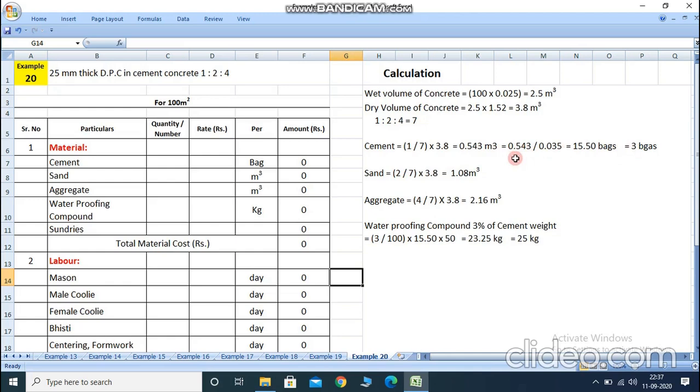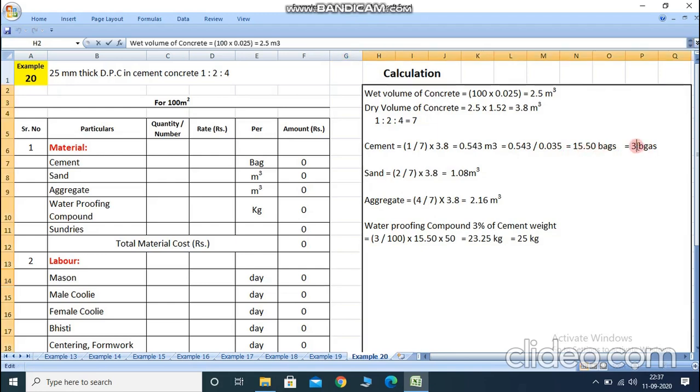Clear? So here we calculate the total number of bags: 0.543 divided by 1 bag volume 0.035. So the total answer we got is 15.50 bags, which rounds up to 16 bags required to complete the work. Now the sand calculation: 2 parts of sand divided by 7 multiplied by 3.8.